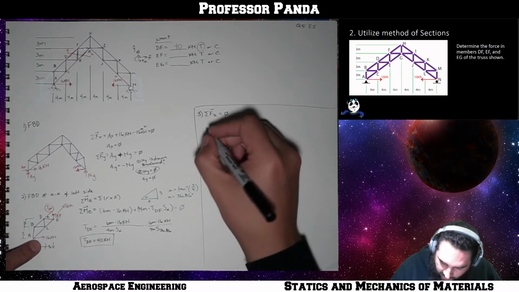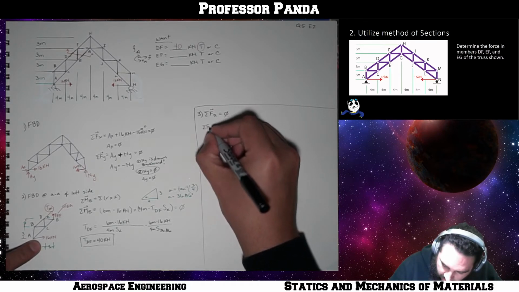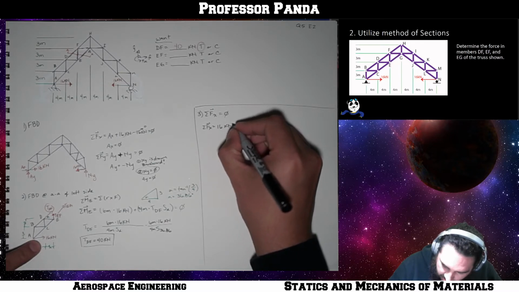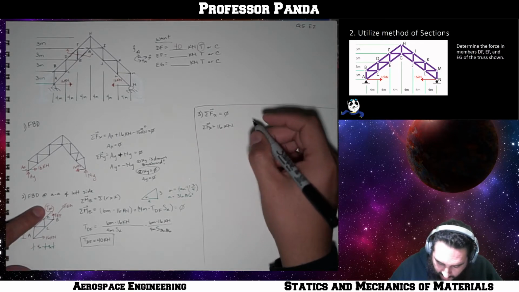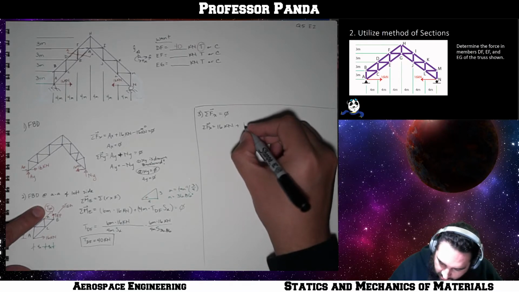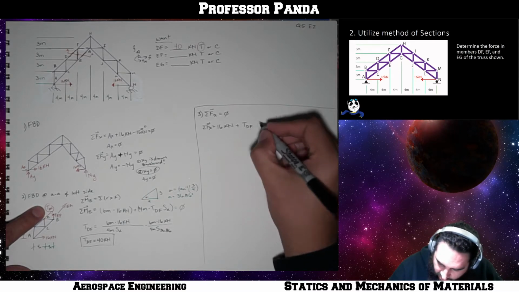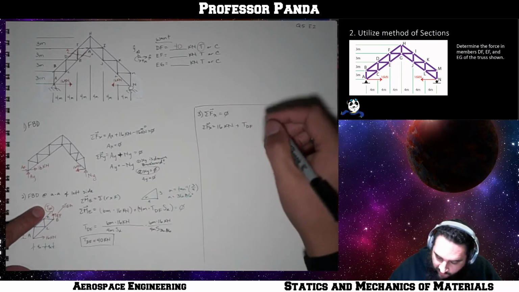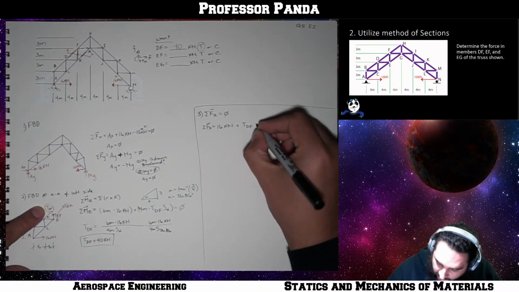And so we'll start out here with 16 kilonewtons. We will add to that tension DF, not the entire thing. We only want the cosine of alpha of tension DF.